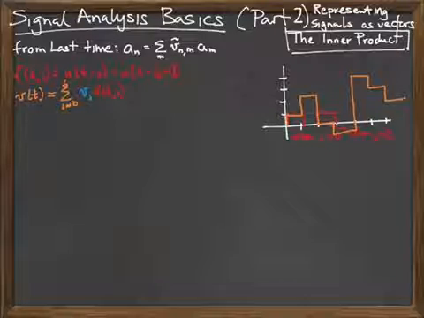So for the first j, in this case, this is a constant of 1. For v0, sorry, this is a constant of 1. For v1, it's a constant of 2.5, sorry. For v2, it's a constant of 0. For v3, it's a constant of -1, and so on and so forth.